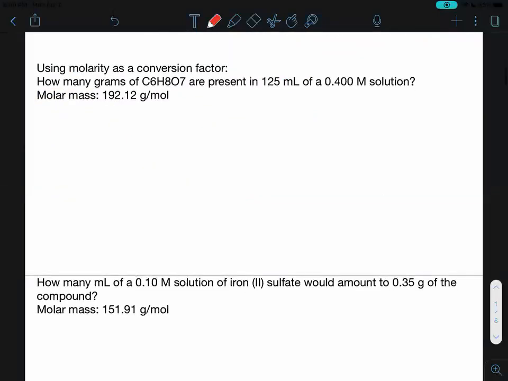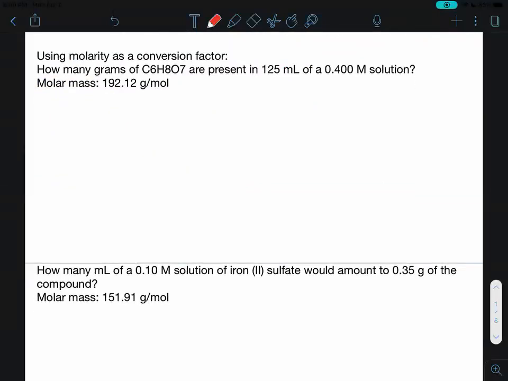Okay, and our next types of problems, we're going to use molarity as a conversion factor. Like I mentioned before on the PowerPoint, what this molarity is telling us, we got a 0.4 molar solution. That's like saying there's 0.400 moles of the solute, which in this case is this compound, C6H8O7, citric acid, in 1 liter of solution.